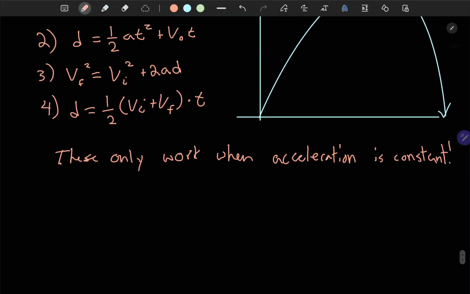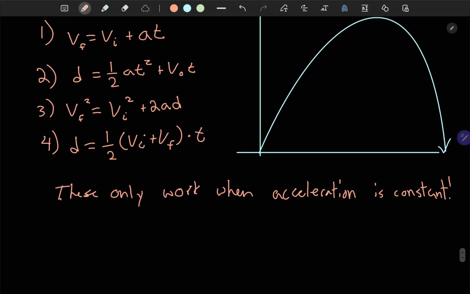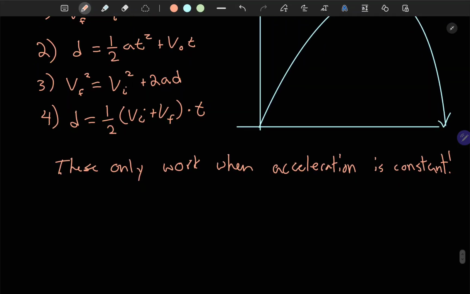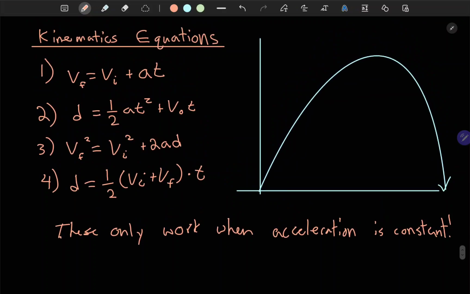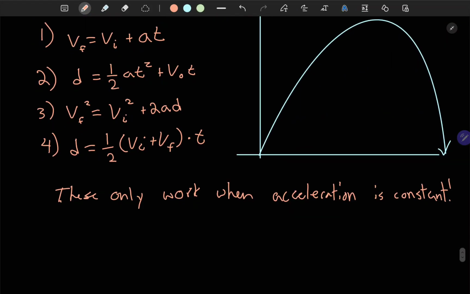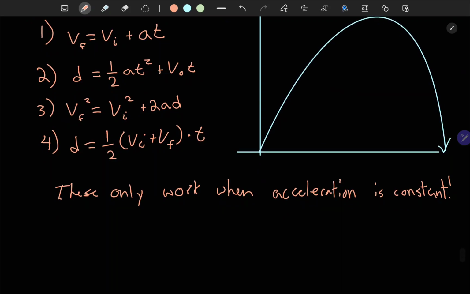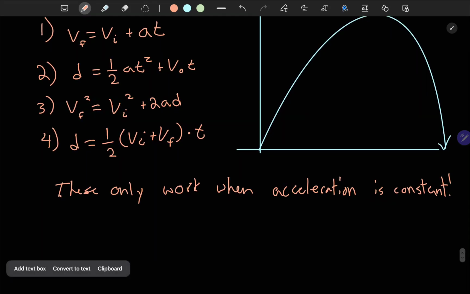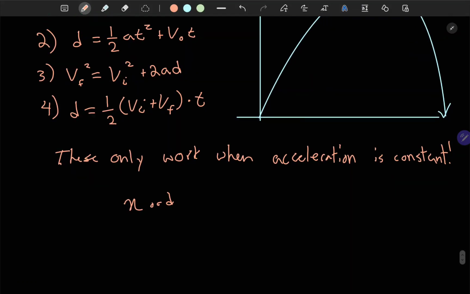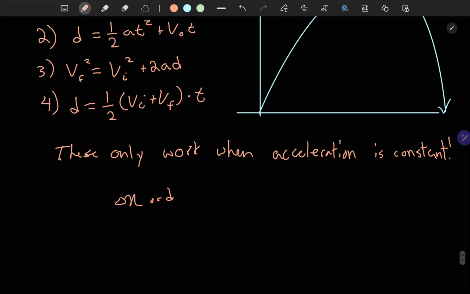All right, so let's also note that in each of these big four, I'm going to call them, in order to know which one to use, you need to figure out which variable is missing. So the big things you need to know are x or d for displacement, or change in position actually.